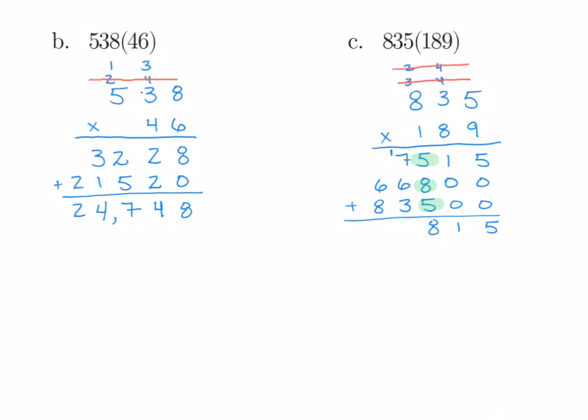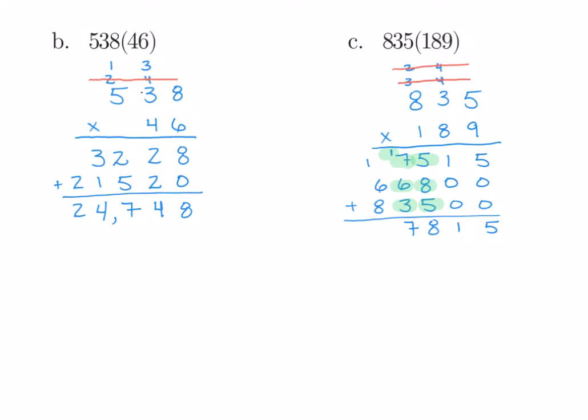We carry our 1. If we go ahead and add this up, I'm going to start with 6 and 3 is 9, plus 1 is 10, plus 7 is 17. We carry our 1.